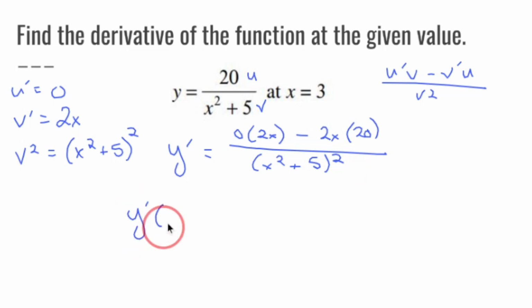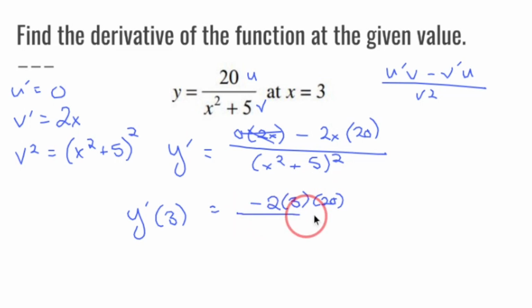So I need to find y prime of 3, which is going to require me to plug in 3 for every x. So I have nothing minus 2 times 3 times 20. Okay, that's that chunk right there. All over 3 squared plus 5, all of that squared.